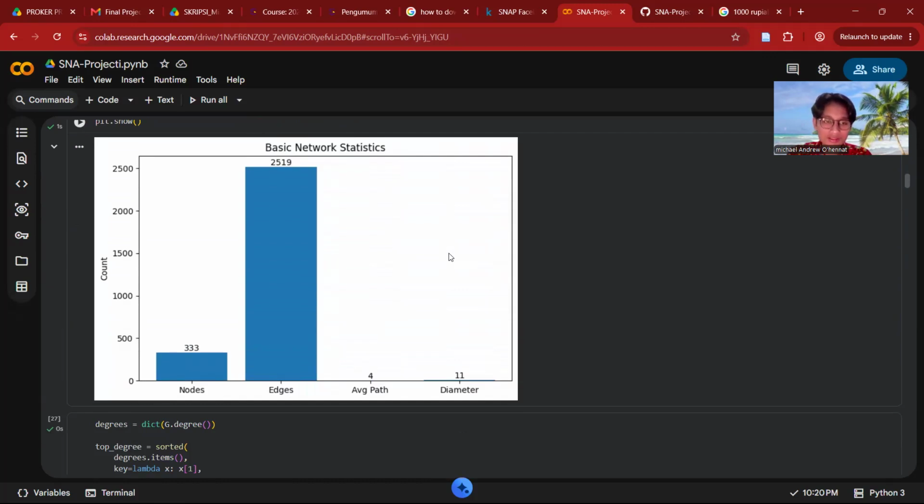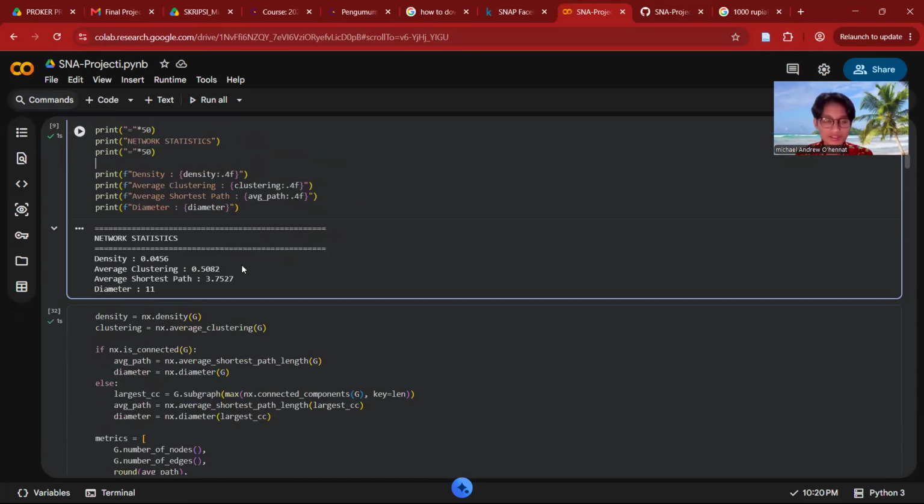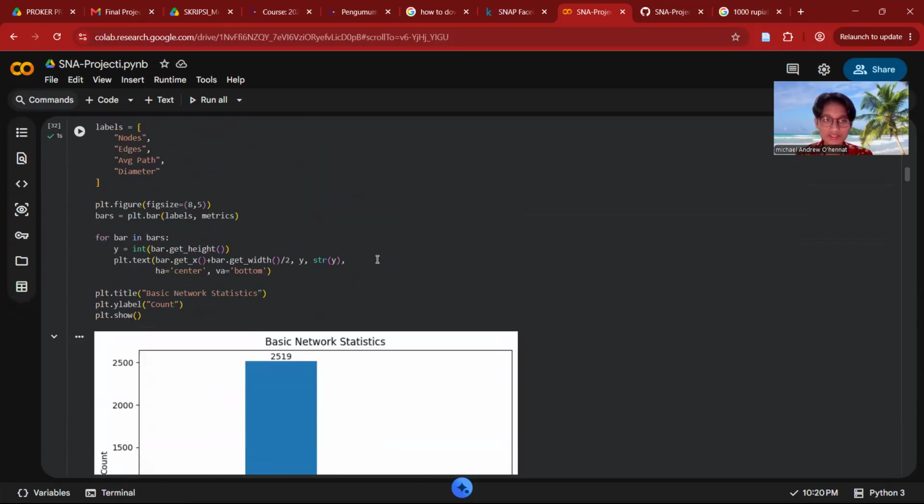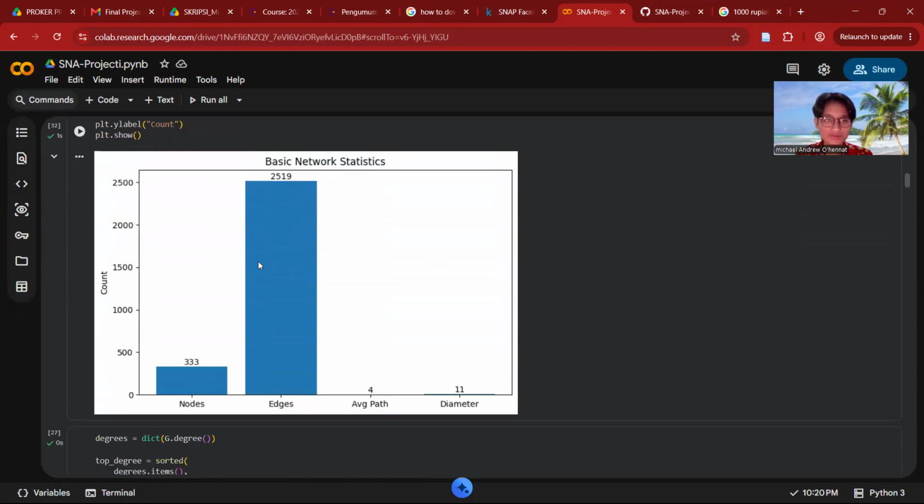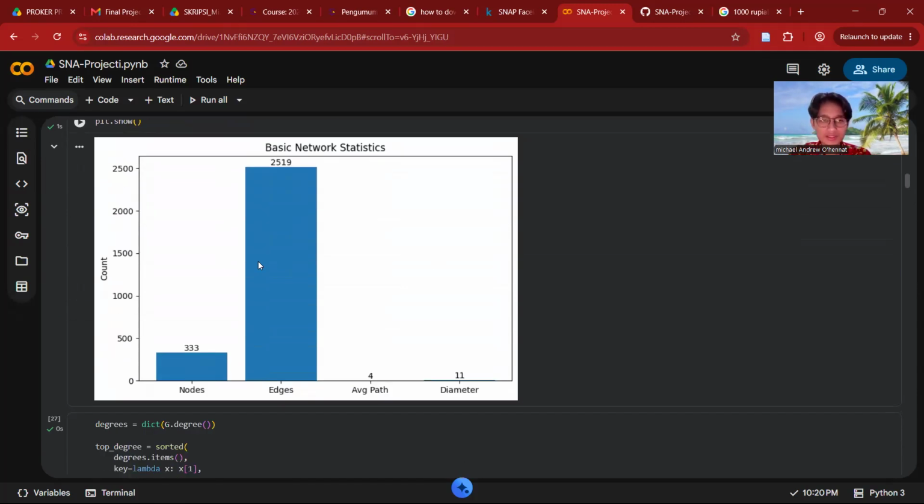This graph is the information for the centered ego number 0: the nodes, the edges, average path, and the diameter. The above is just in numbers and words, and below it is in graph form. I made it in a graph so we can easily see how many edges and nodes there are. Okay, let's continue.